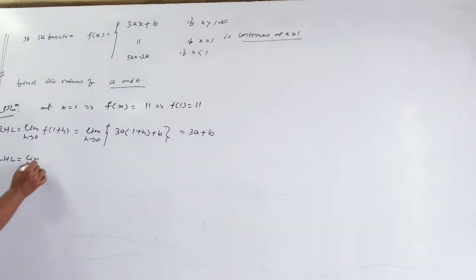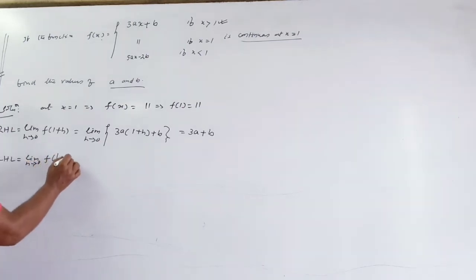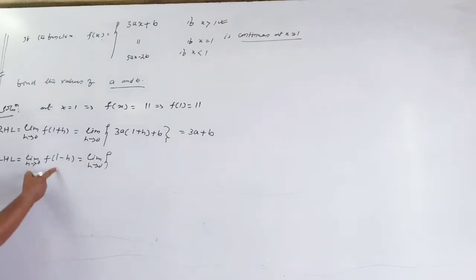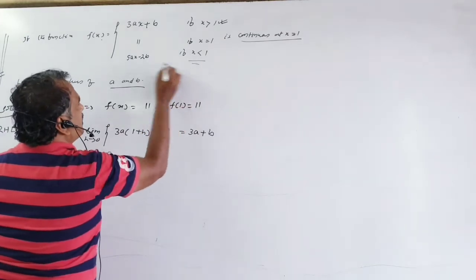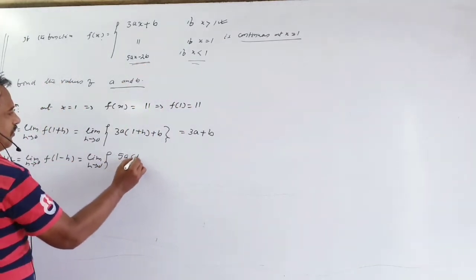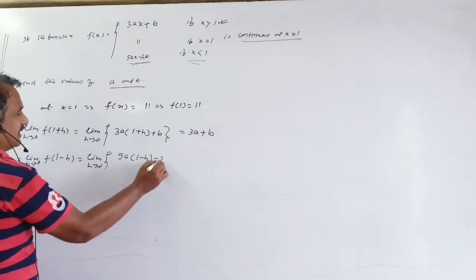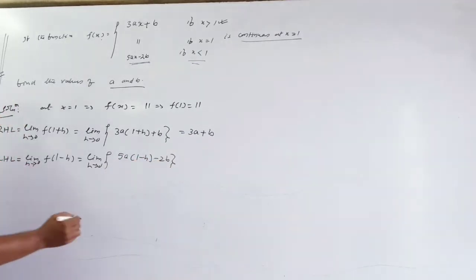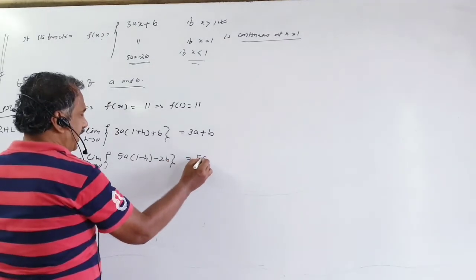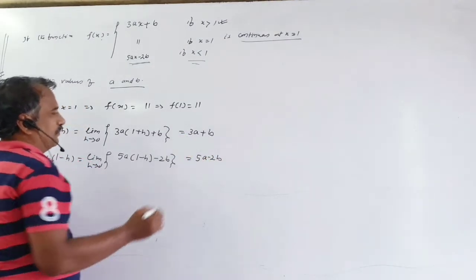Then the left hand limit equals the limit as h tends to 0 of f of 1 minus h, which is less than 1, so we use this one: 5a(1 minus h) minus 2b. When h tends to 0, this is 5a minus 2b.